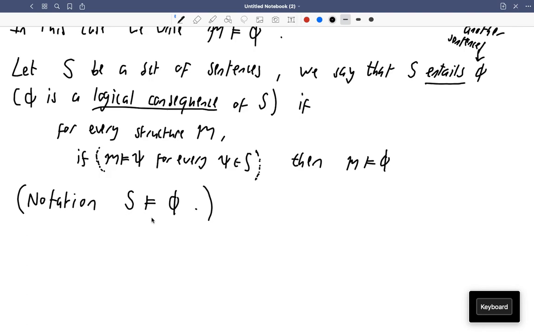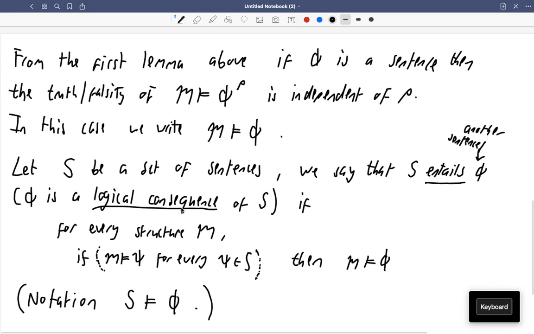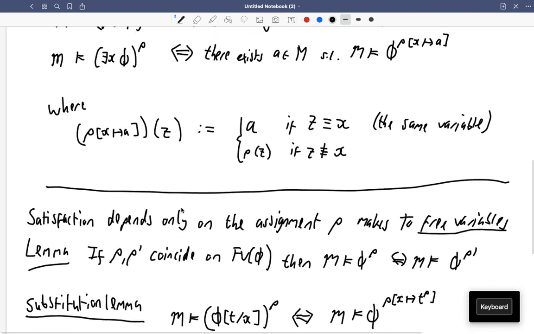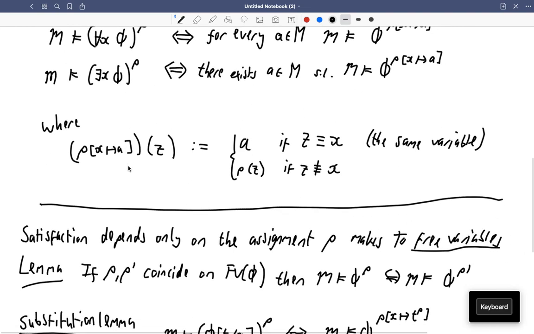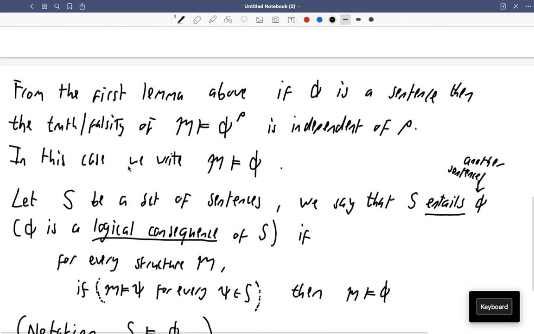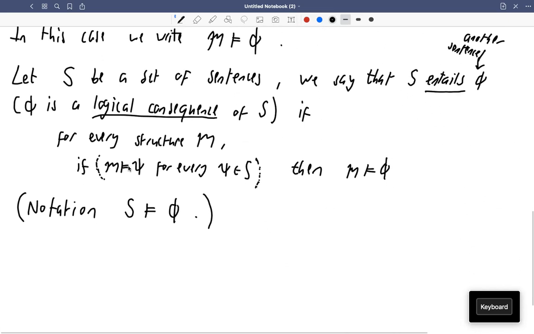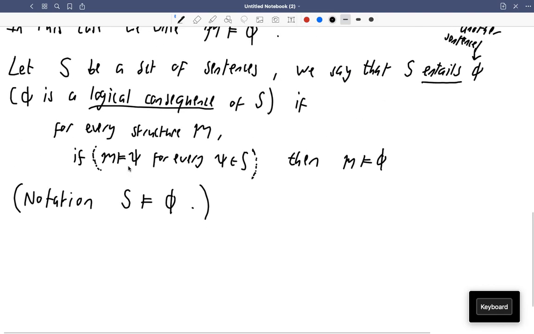Here we're using it as a relation between a set of sentences and a sentence, the entailment relation, and above we're using it as a relation between a structure and a formula, and an environment in this case. So, in computer science terminology, we're overloading the symbol, but we can always tell which meaning we mean, because it depends on whether this is a structure or a set of sentences.